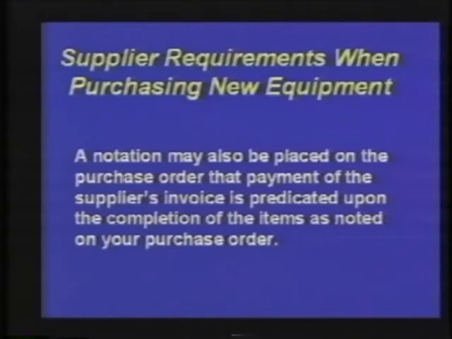Now, over on page 11, we want to place a notation at the bottom of the purchase order. And the notation merely indicates that payment for the equipment is not going to be made unless all items as listed on the purchase order are received.